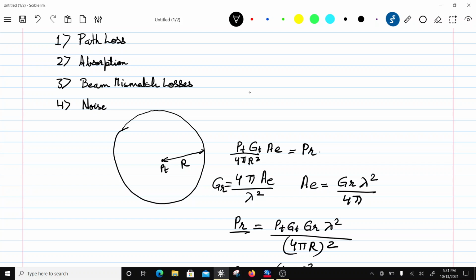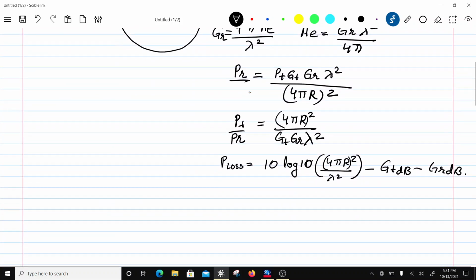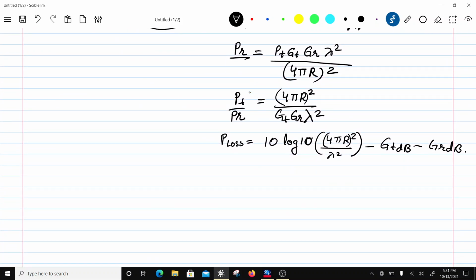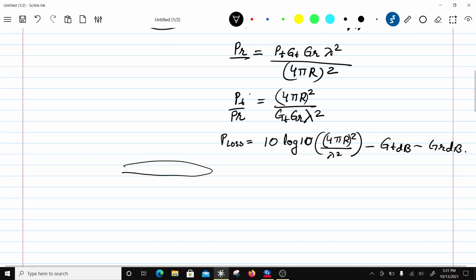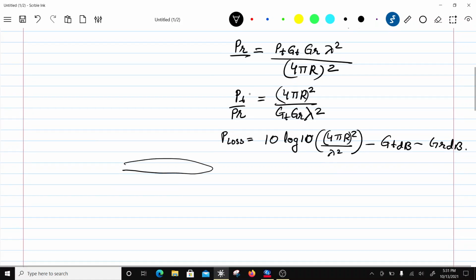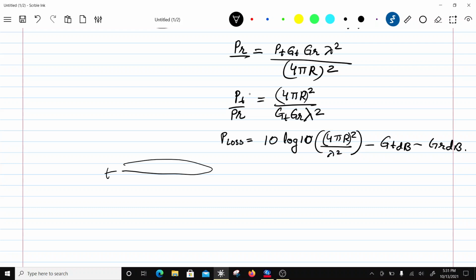Now coming to the third one, which is the beam mismatch. As we have discussed, the antenna has to be directional to have a large G/T. So let's say that this is the transmitting side and this is the receiving side, right?